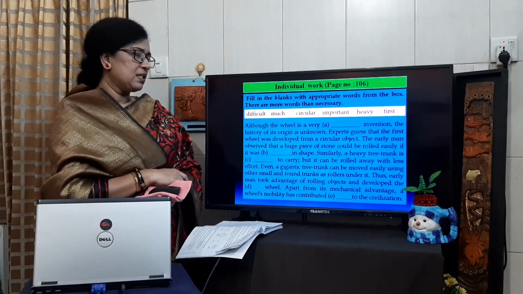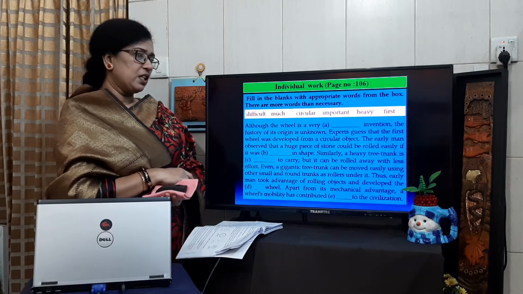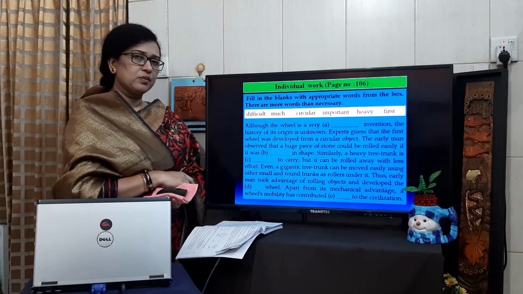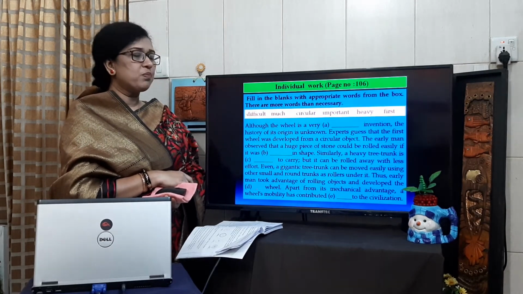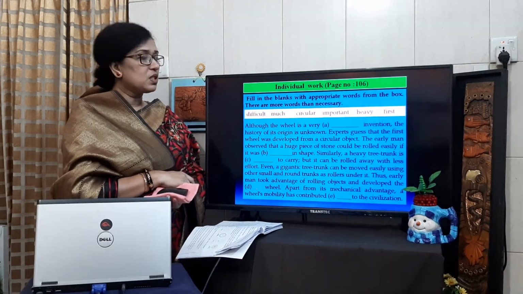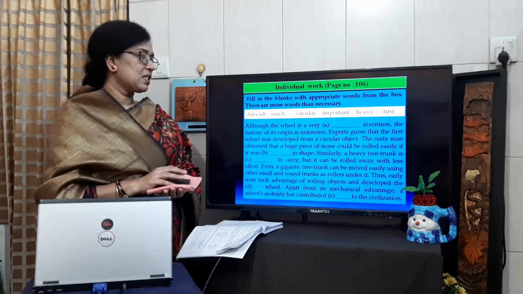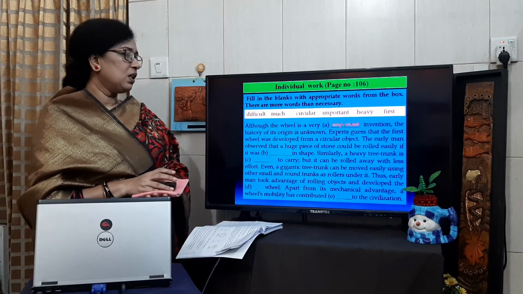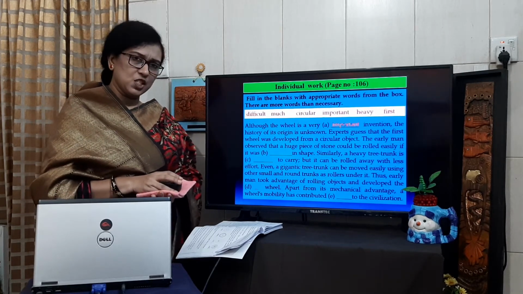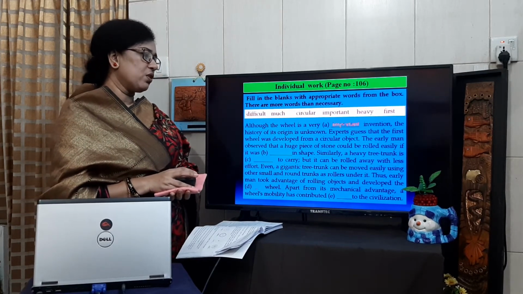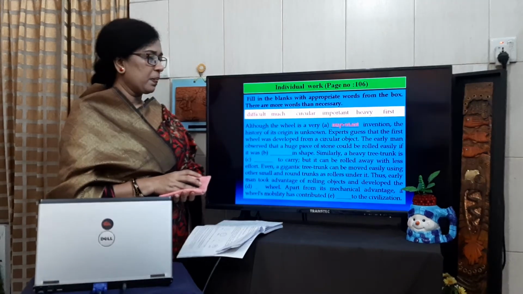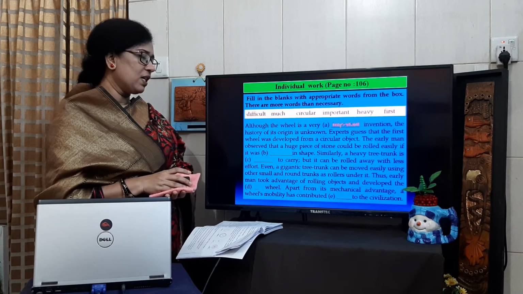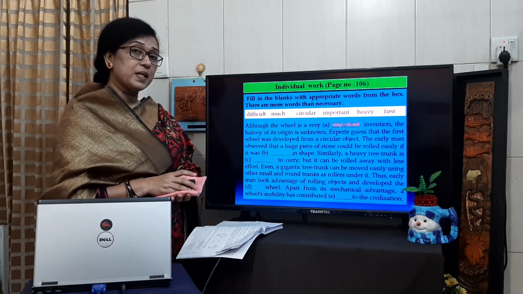Although the wheel is a very dash invention, the history of its origin is unknown. So, which one is the correct word for this gap? And the answer? Thank you, important. So, although the wheel is a very important invention, the history of its origin is unknown. The next sentence: experts guess that the first wheel was developed from a circular object.